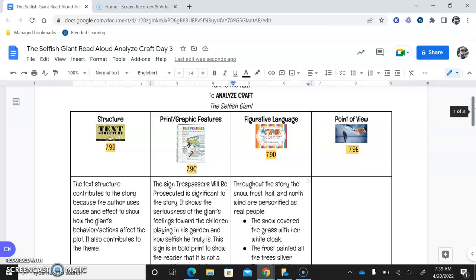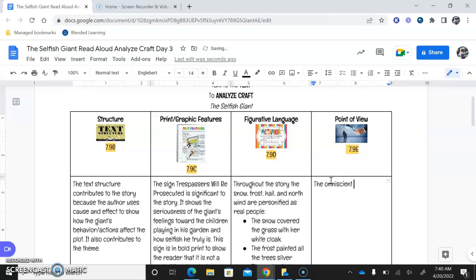Now, point of view refers to the narration of a story. So who's telling the story? Sometimes it's first person, sometimes it's third person. Now, in this particular story, we have an omniscient point of view. This means the narrator knows everything that's going on with all of the characters.